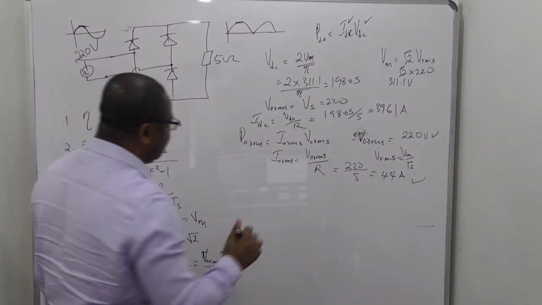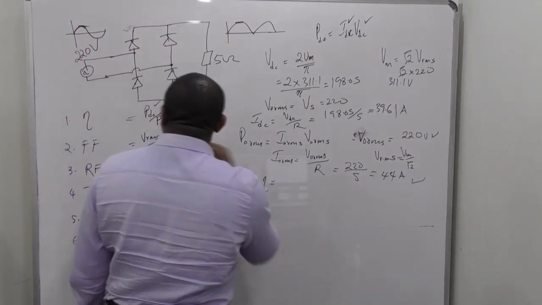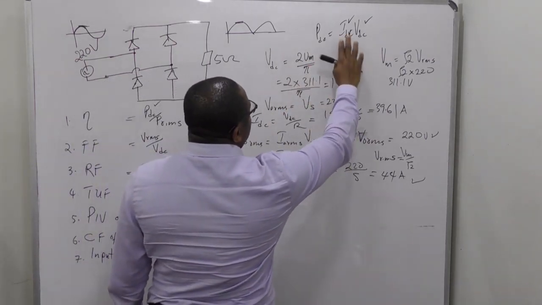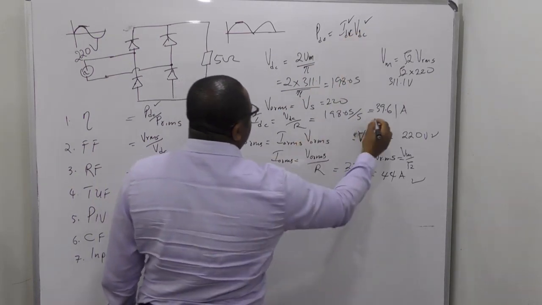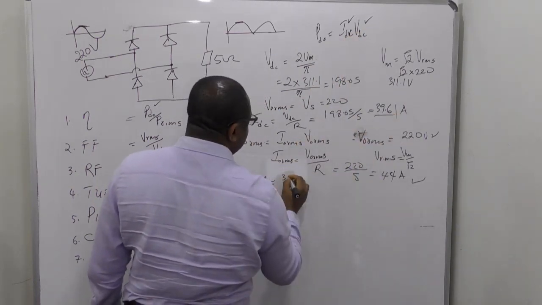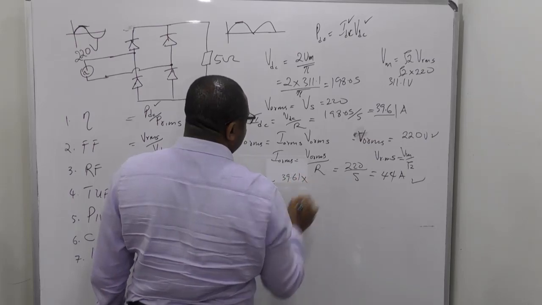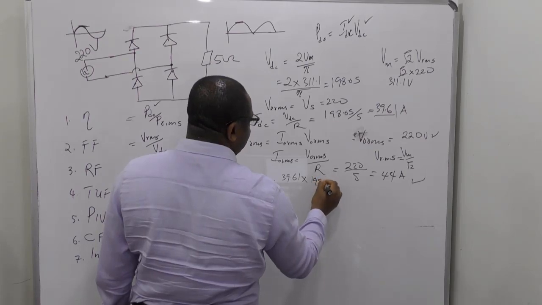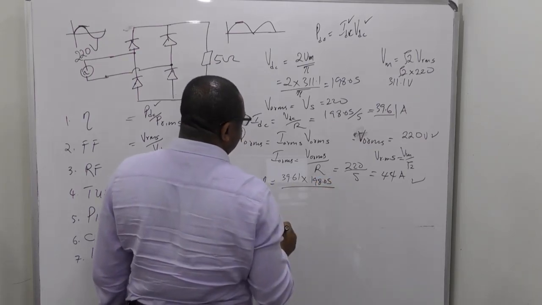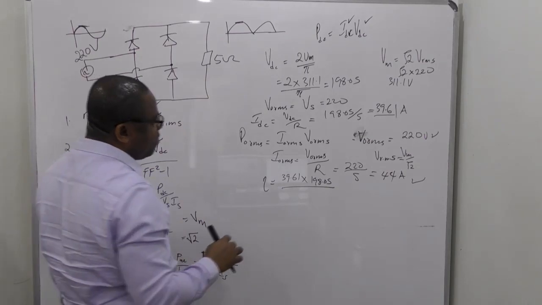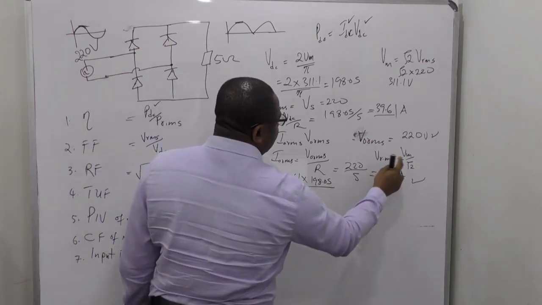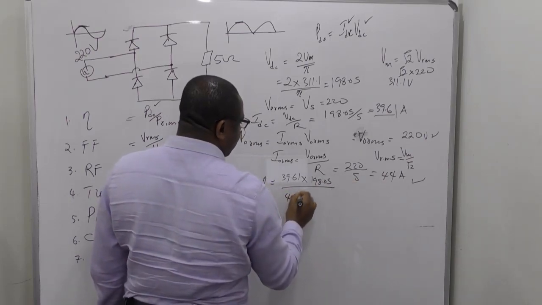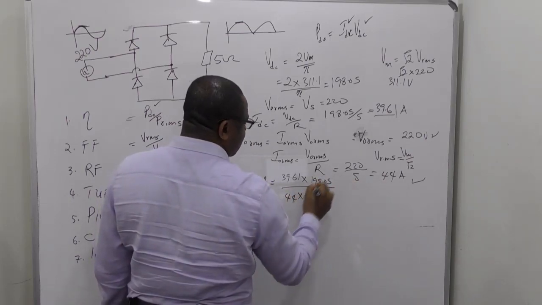So efficiency now is PDC, which is IDC times VDC, where we have IDC 39.61 times VDC 198.05, divided by PORMS, where we have IORMS times VORMS, 44 times 220.